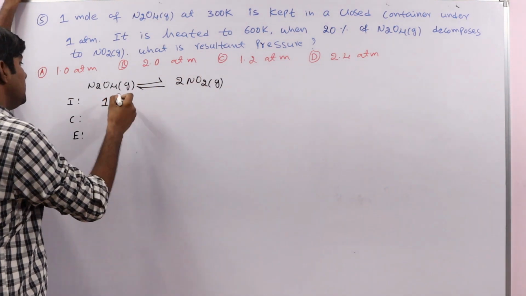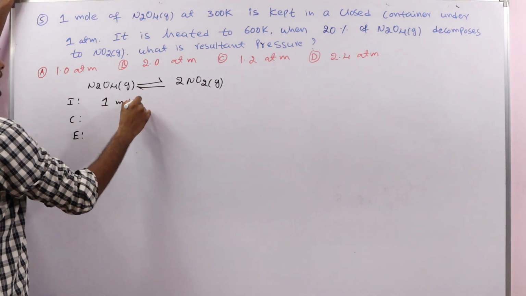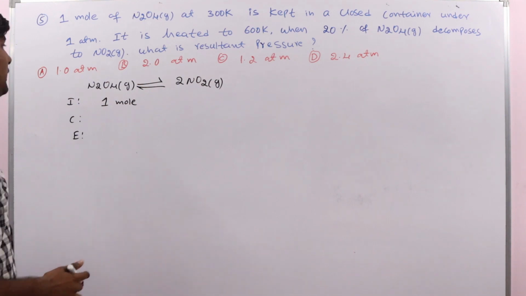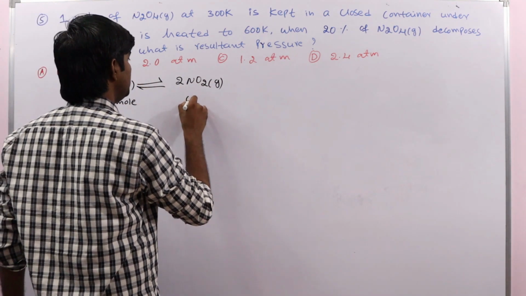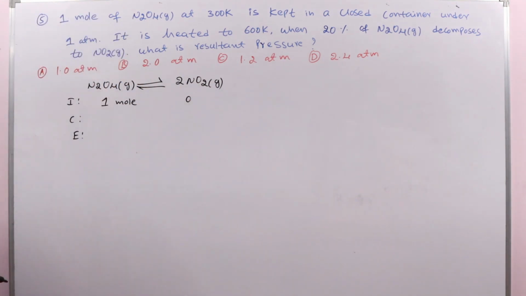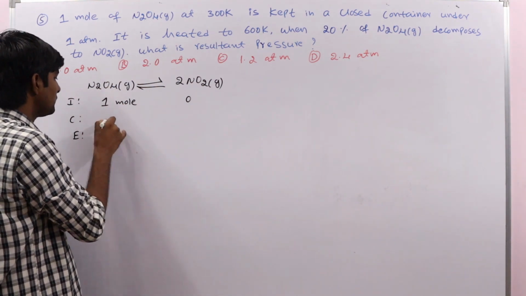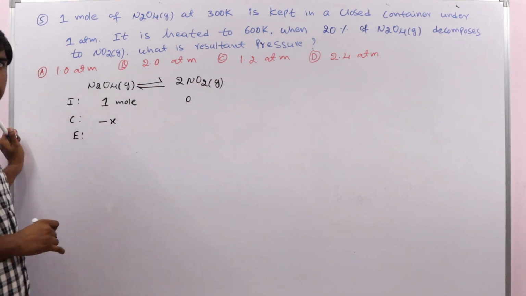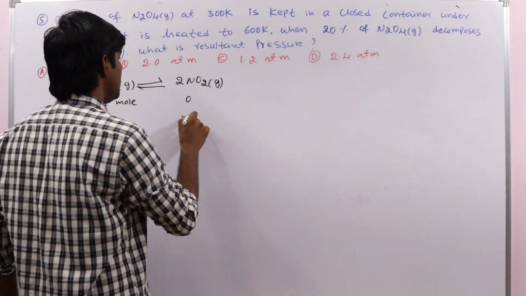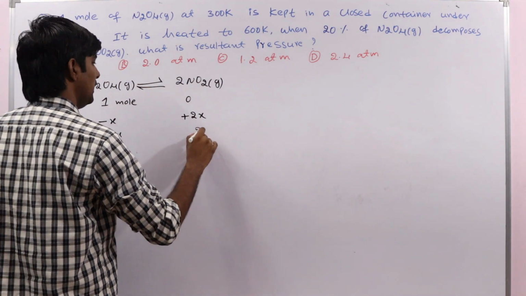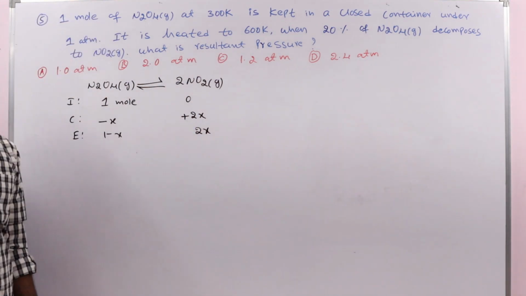Initially they have provided 1 mole of N2O4, and NO2 is not present, 0. Suppose the change is x for N2O4 and 2x for NO2. So at equilibrium we have 1 minus x and 2x.